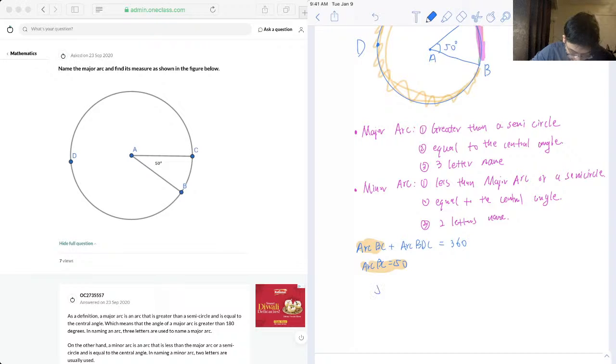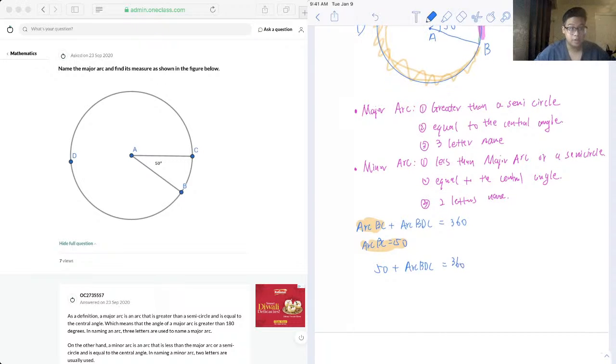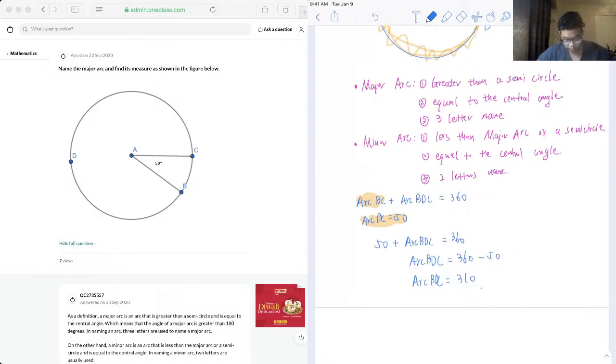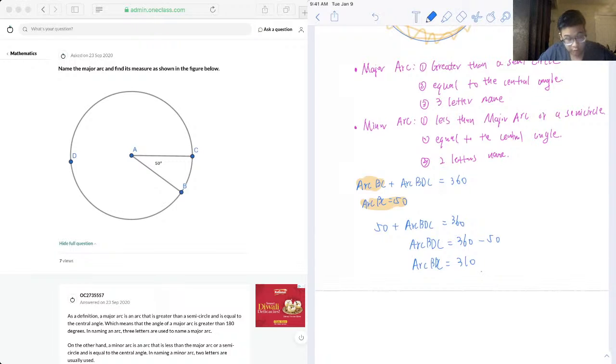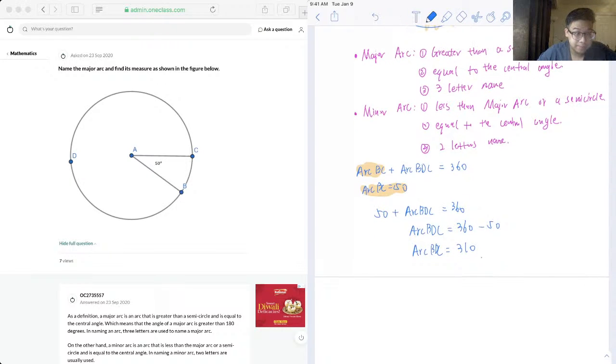So we have 50 plus arc BDC is equal to 360. We just subtract 50 from both sides, or simply move 50 to the right hand side. We have arc BDC is equal to 360 minus 50, where arc BDC will be equal to 310. Which means the degree of our major arc is 310 degrees.